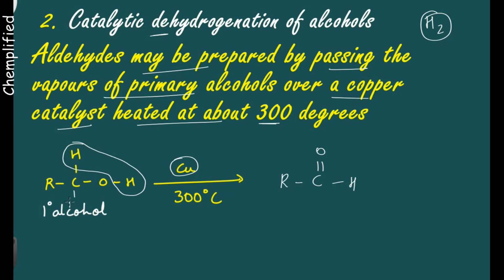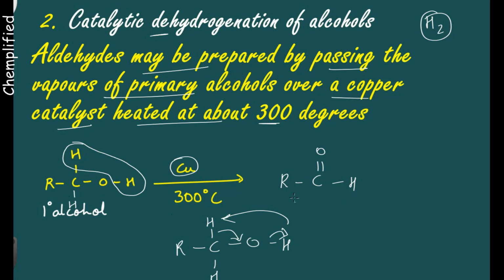There is one more hydrogen present at this place, right? Now the bond formation took place like this, and this will take up this hydrogen. All right. So this was your catalytic dehydrogenation of alcohols for aldehyde.